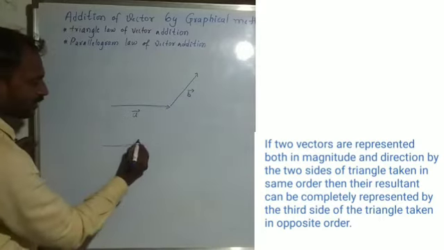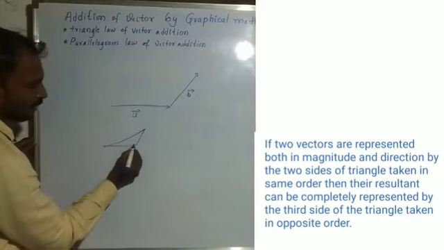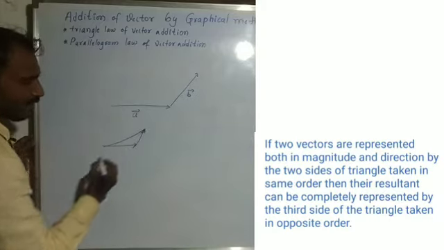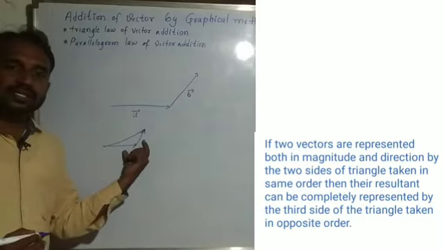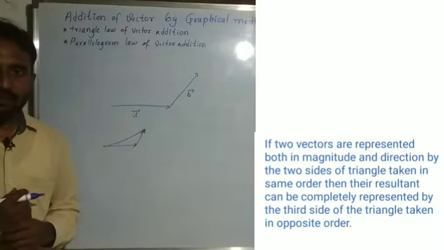Generally here we consider this one as a triangle. This one is the first vector and this one is the second vector. These two represent two sides of a triangle.